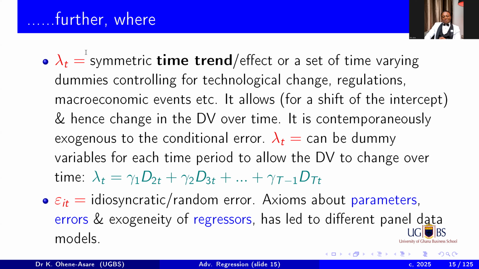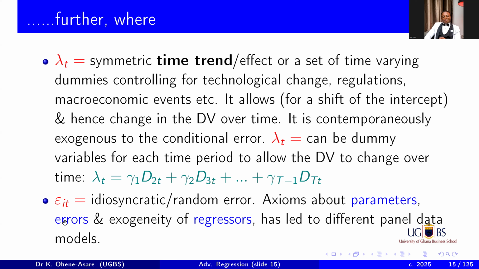It is said to be contemporaneously exogenous to the conditional error. So you can have a dummy. So you can say that every year, what is happening to your salary yearly? The salary is changing over the years. So you capture that. This is an example of that.